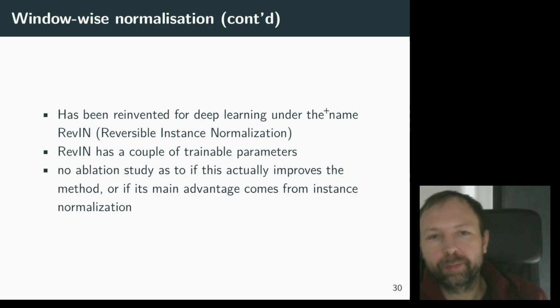A lot of papers now say they do REVIN. I think they could probably just do window-wise normalization and it would do the same thing for them. But if you read REVIN, then that means window-wise normalization.